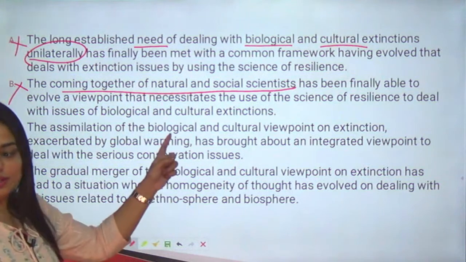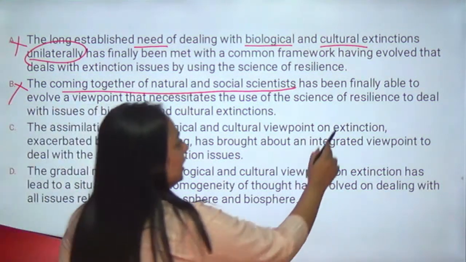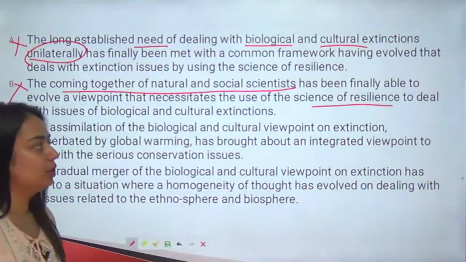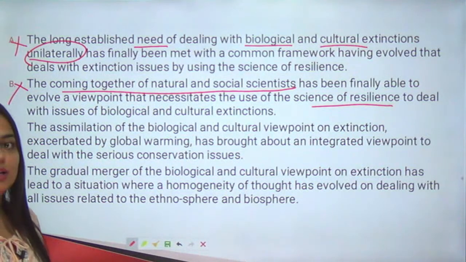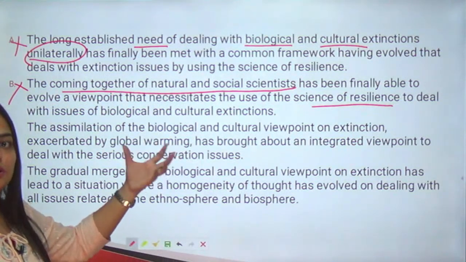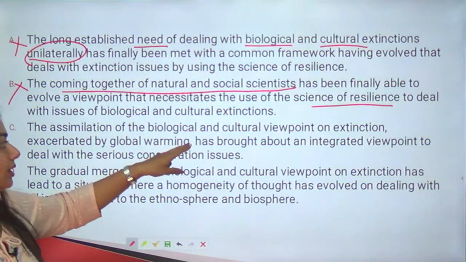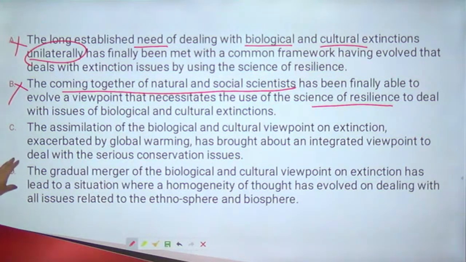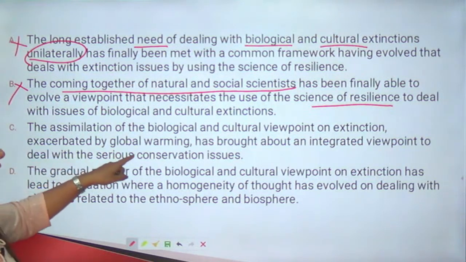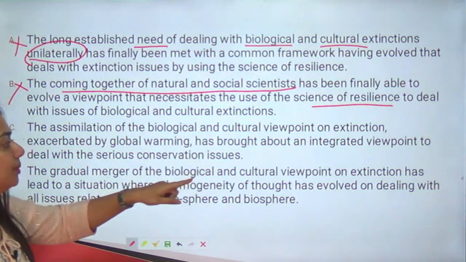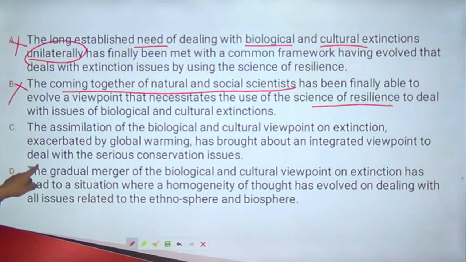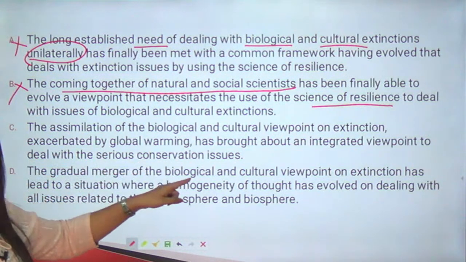And look at this, he would play smartly with you again and again using the phrase science of resilience. So he would simply pick up the points like this. The third one, the assimilation of the biological and cultural viewpoints on extinction exacerbated by global warming has brought about an integrated viewpoint to deal with the serious conservation issues.